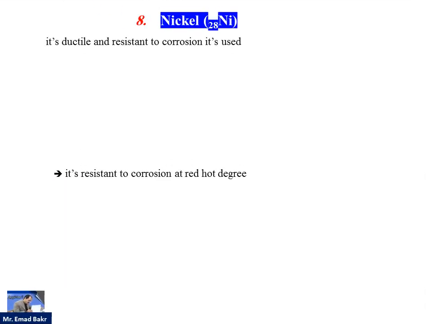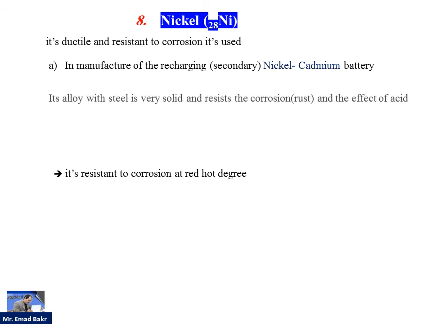The element nickel is ductile and resists corrosion. It's used in manufacture of rechargeable secondary nickel-cadmium batteries. There is a kind of rechargeable battery like the mobile battery, but it's used in children's toys.